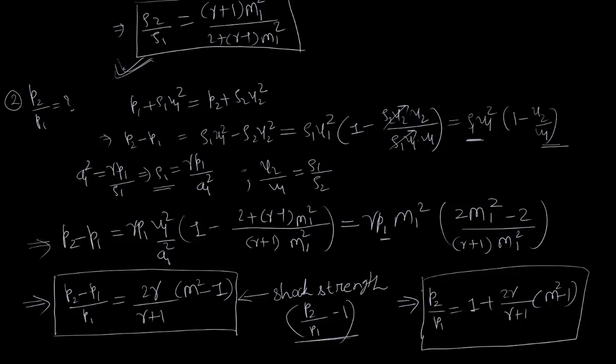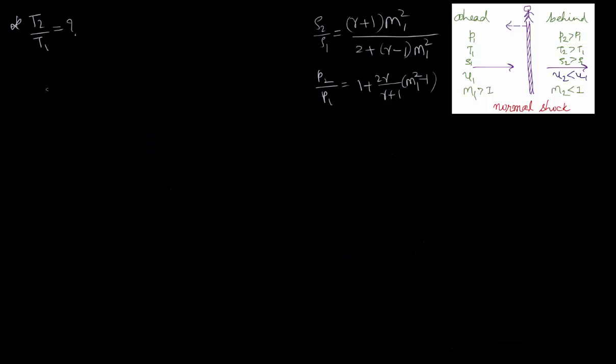Next, we will find out the temperature ratio T2 by T1 across the normal shock wave. We have already derived the density ratio rho 2 by rho 1 and the pressure ratio P2 by P1. Now from the equation of state, which is P equal to rho RT, we can write T2 by T1 will be equal to P2 by P1 into rho 1 by rho 2.